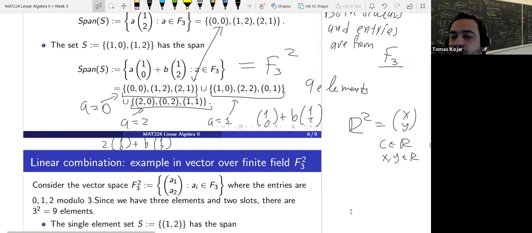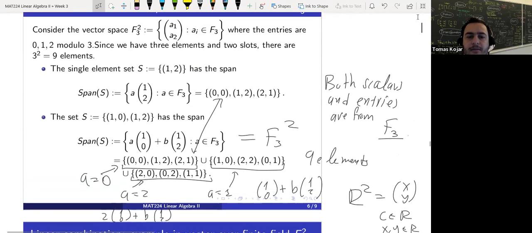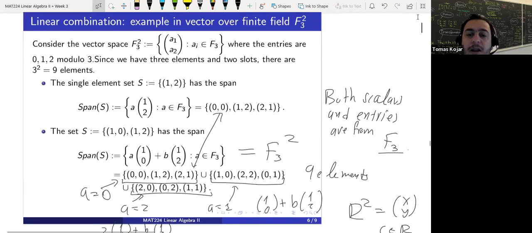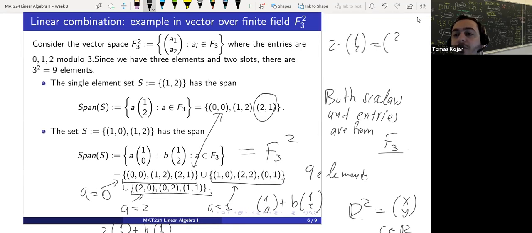I'm just confused about what the modulo is adding here. Well, like before, how do we get this vector to 1? We did 2 times 1, 2, which is 2 times 4. But this is 2 times 3 plus 1. And all the computations here are done modulo.